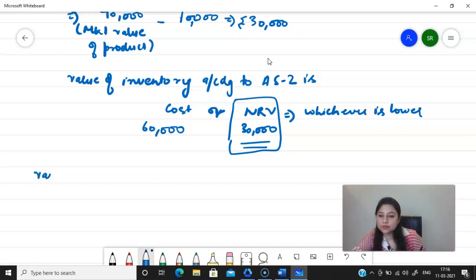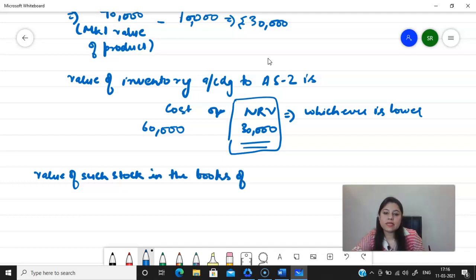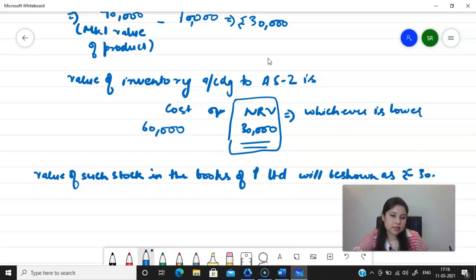So value of such stock in the books of P Limited will be shown as rupees 30,000, right?